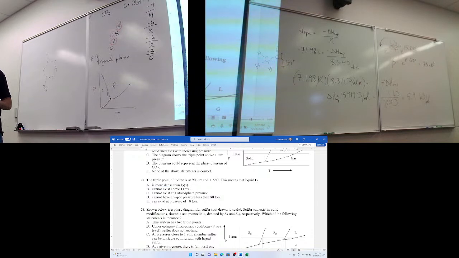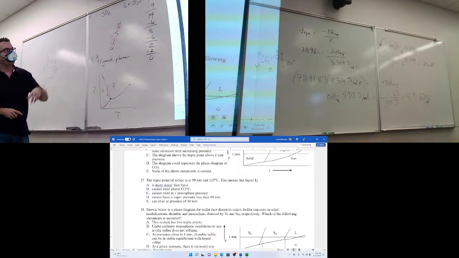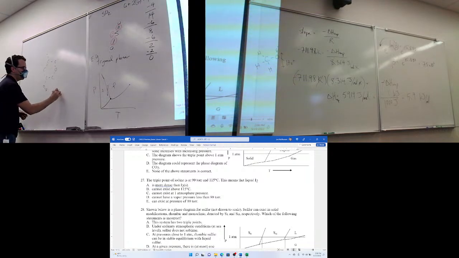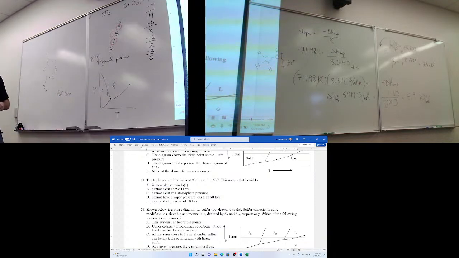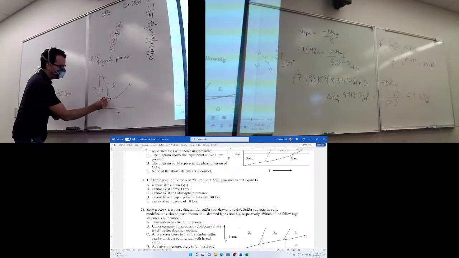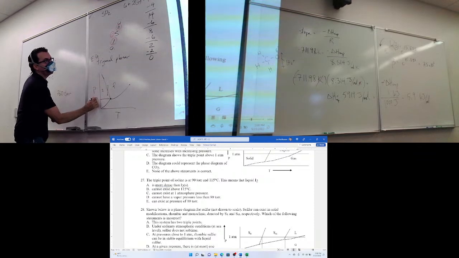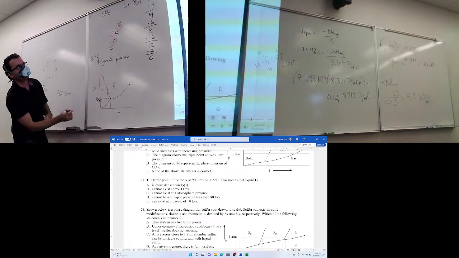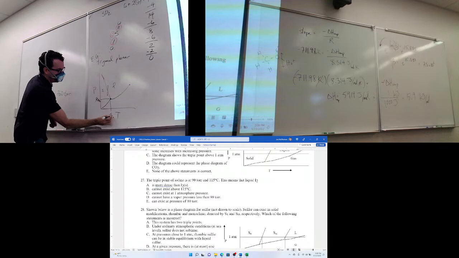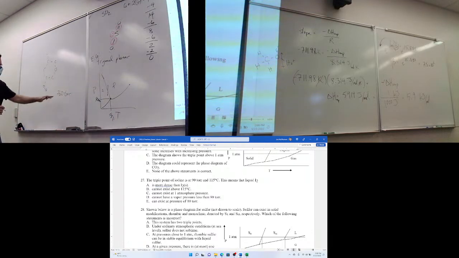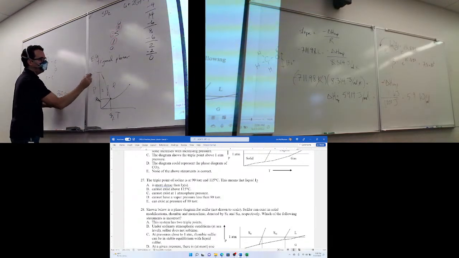Cannot exist at 1 atmosphere pressure. Well, 1 atmosphere pressure is 760 torr. If your triple point is at 90 torr and 115 C, and you're at 760, which is way up here, can you have liquid?